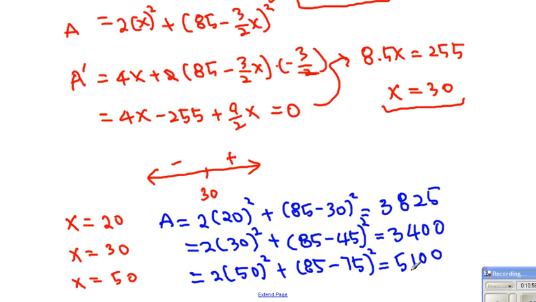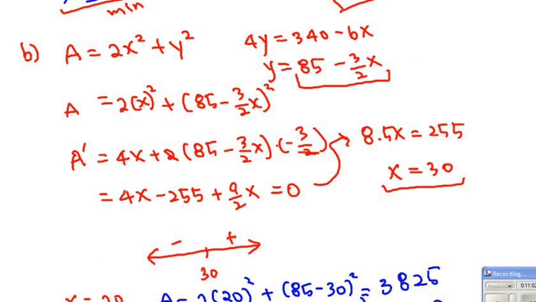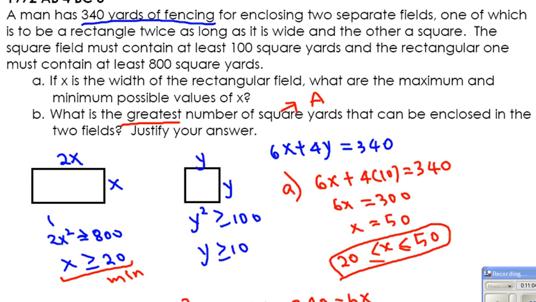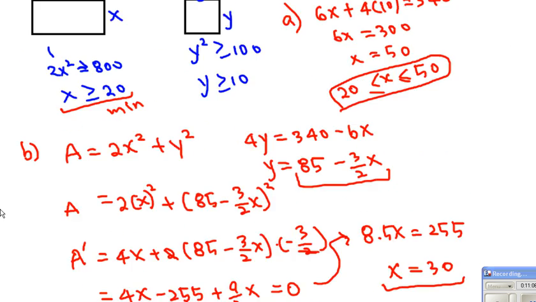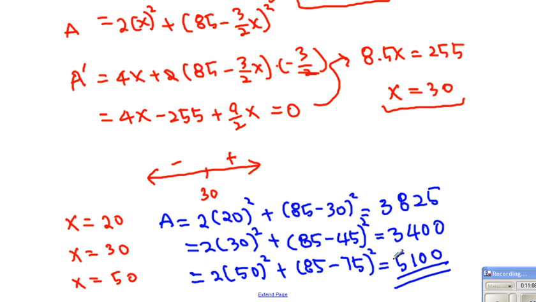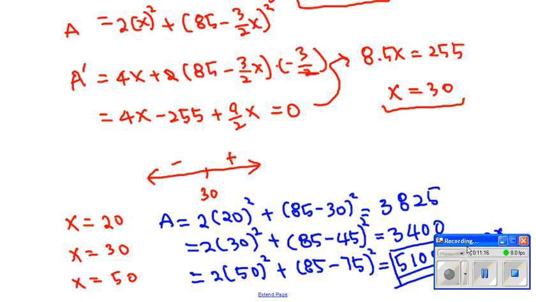So we realize this will be our maximum. And since they're looking for the greatest number of square yards, I believe we found the answer. Alright, let's move on to the next question.